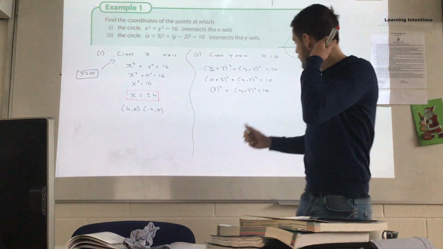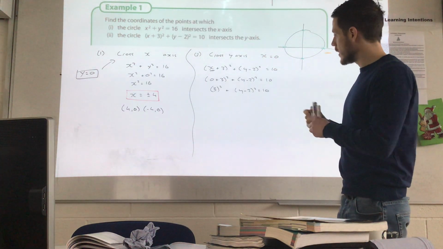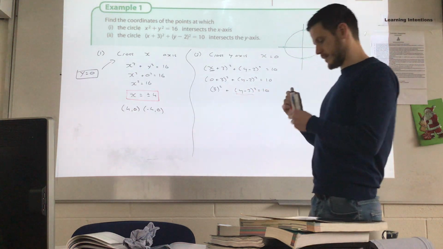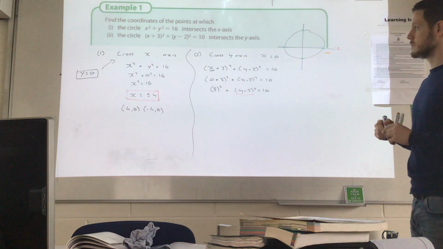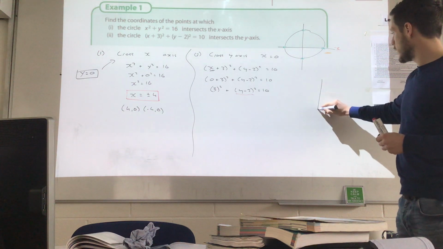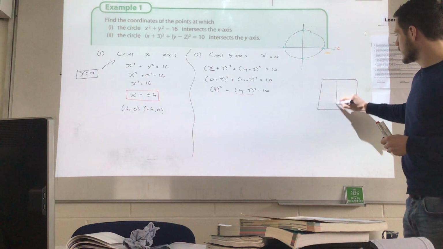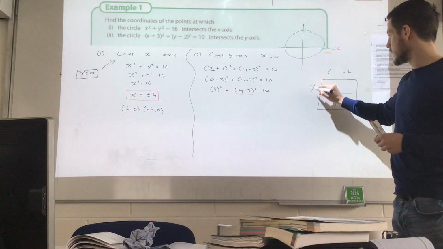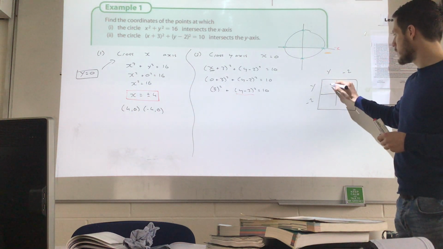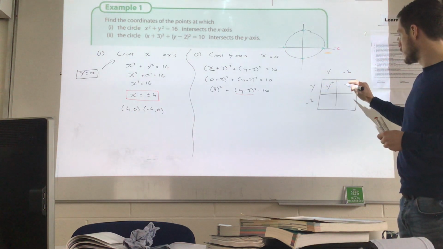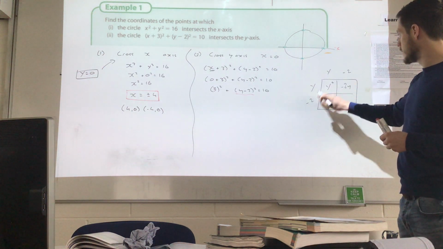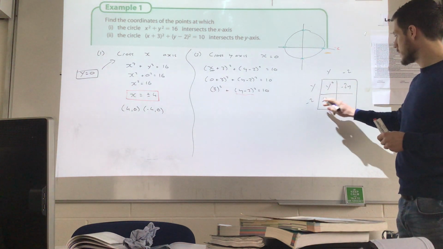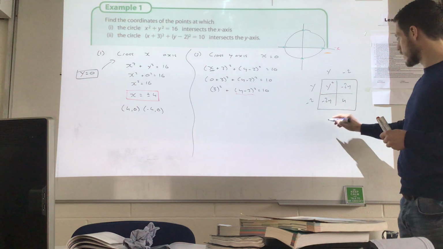Now, this y minus 2 squared business here, I have to multiply that, and the best way to do that is to use my grid multiplication. So I'm going to do it over here, and I'm going to have y minus 2 and y minus 2. Y by y is y squared. Y by minus 2 is minus 2y. Minus 2y. Minus 2 by minus 2 is 4.